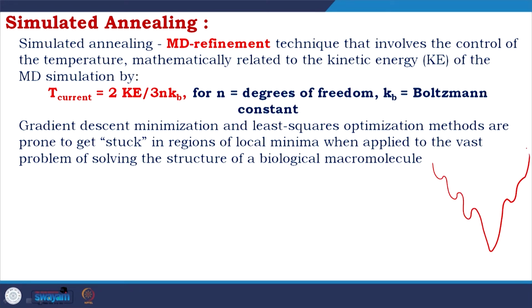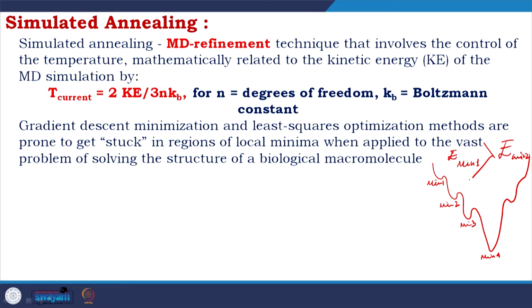I talk about that there are different minimas: minima 1, minima 2, minima 3, minima 4, other minimas there. Now, you can easily understand that the energy of minima 1 is greater than the energy of minima 2.